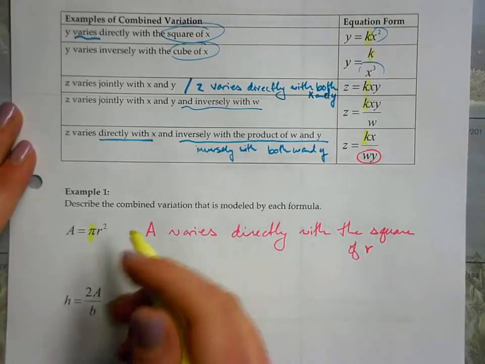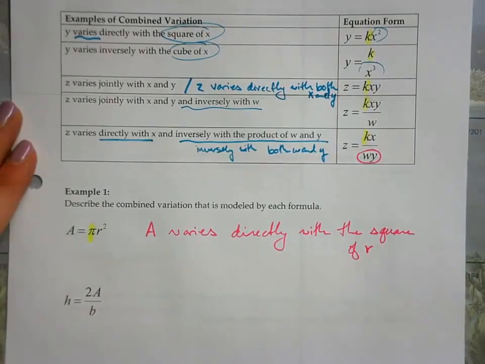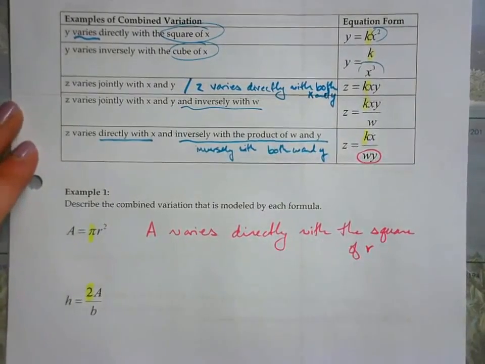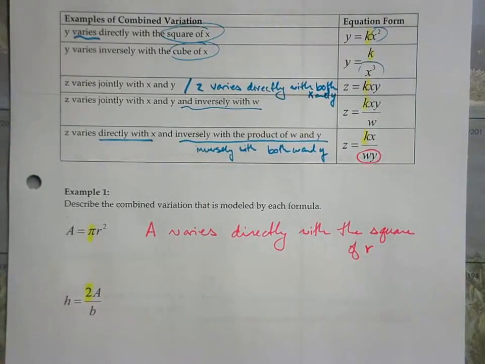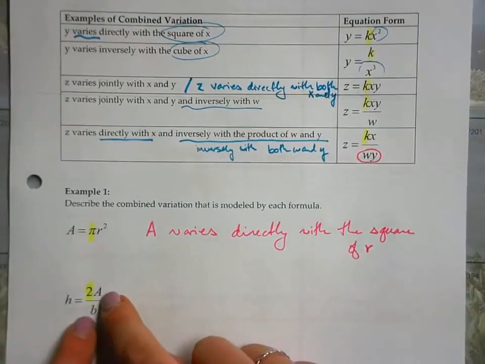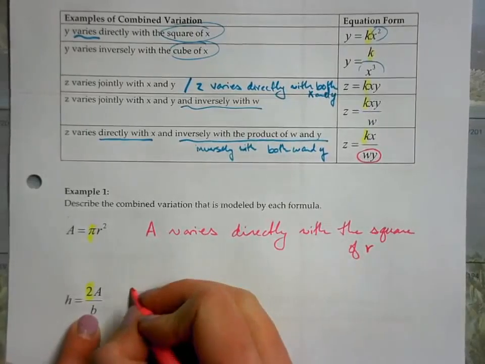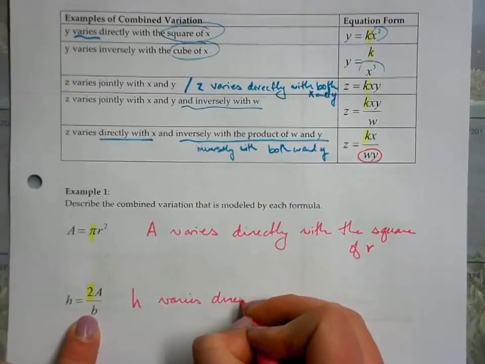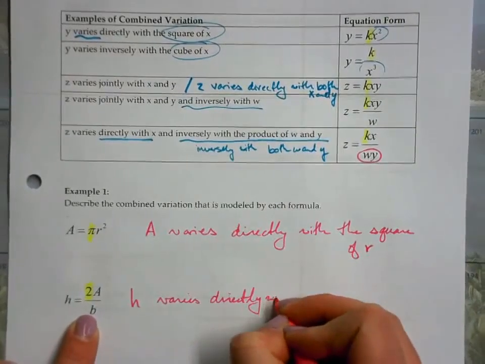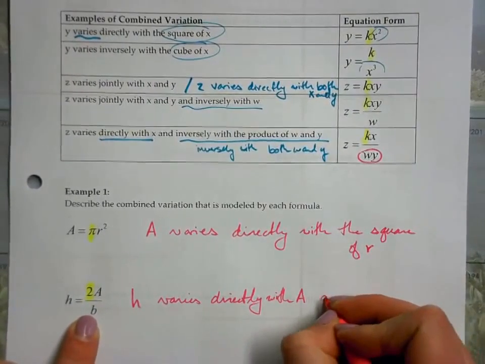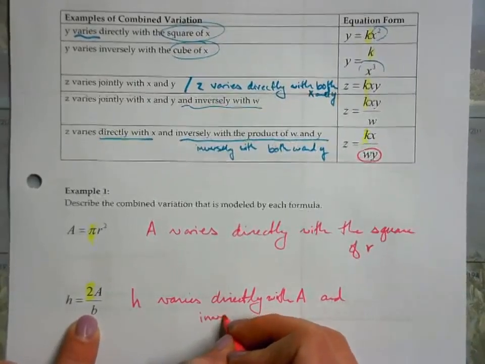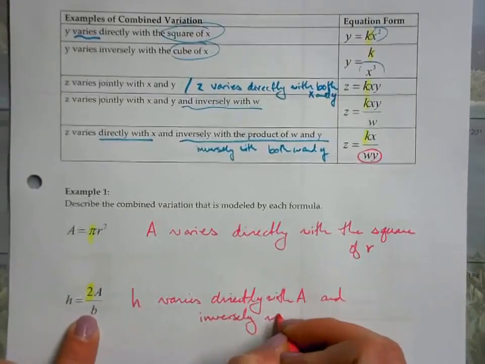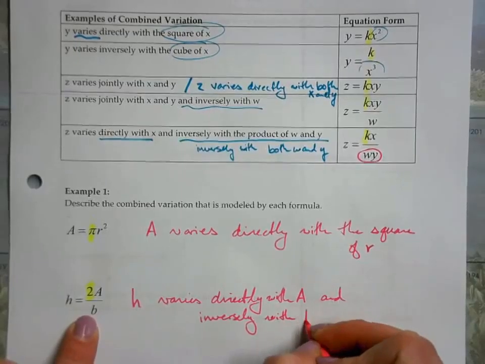For our next one, again, find the thing that's the constant, the thing that doesn't change. 2 is not going to change for us. That'll always be the same, but the variables will be a and b. So we'll say h varies directly with a and inversely with b.